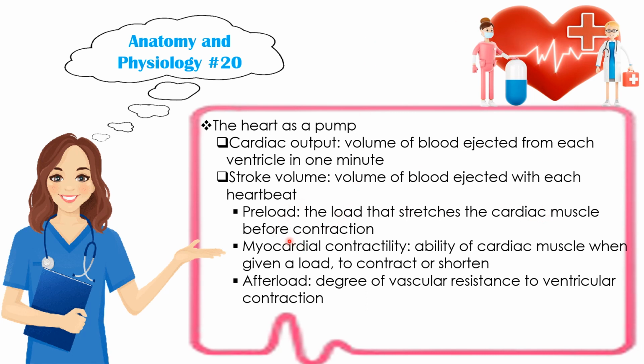It consists of preload, myocardial contractility, and afterload. Preload refers to the load that stretches the cardiac muscle before contraction. Myocardial contractility refers to the ability of the cardiac muscle, when given a load, to contract or shorten. Afterload refers to the degree of vascular resistance to ventricular contraction.